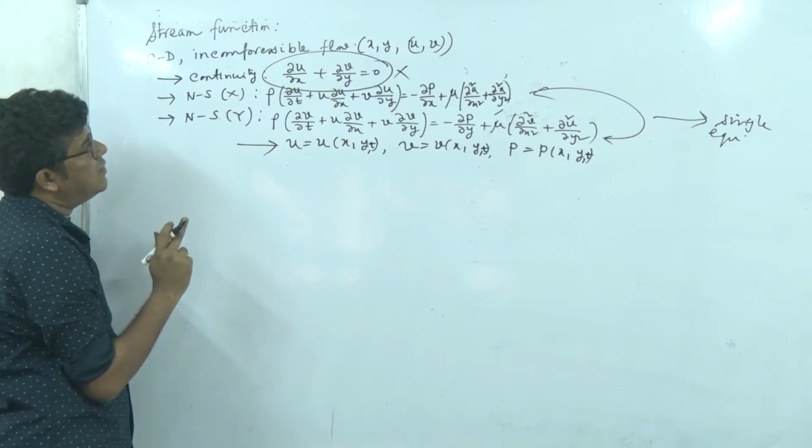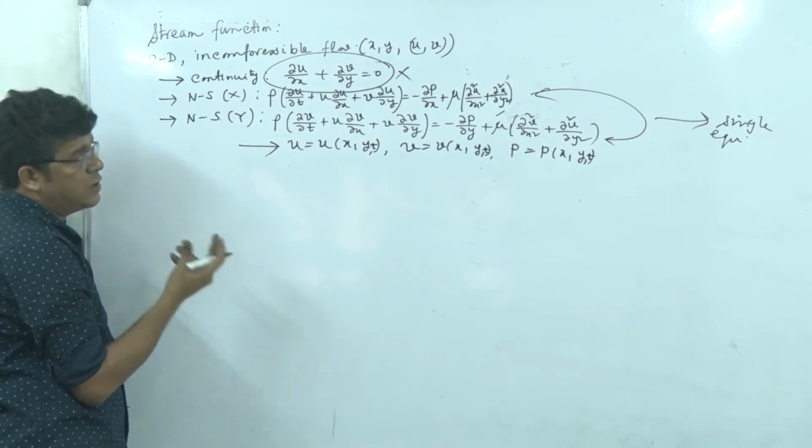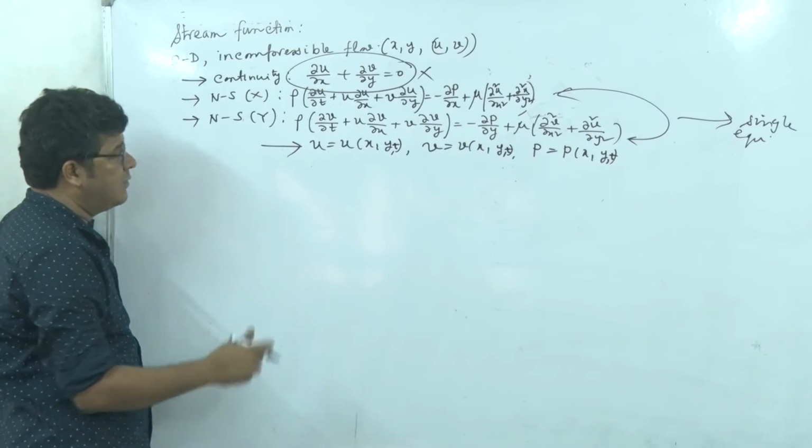And what is the form? Del u del x plus del v del y equal to 0. So we will try to group u and v into a single variable.